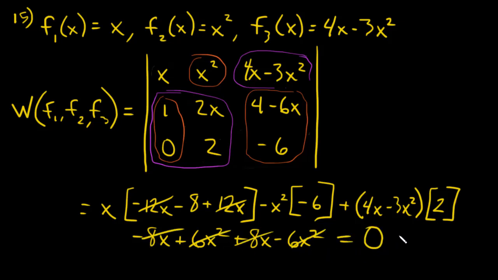Equals 0. So are there any values of x that would make that equal to 0? I can think of a few that might work for that. So these are definitely dependent. So these solutions are linearly dependent because the Wronskian was equal to 0 for at least one x. In our case, for every x. Dependent.